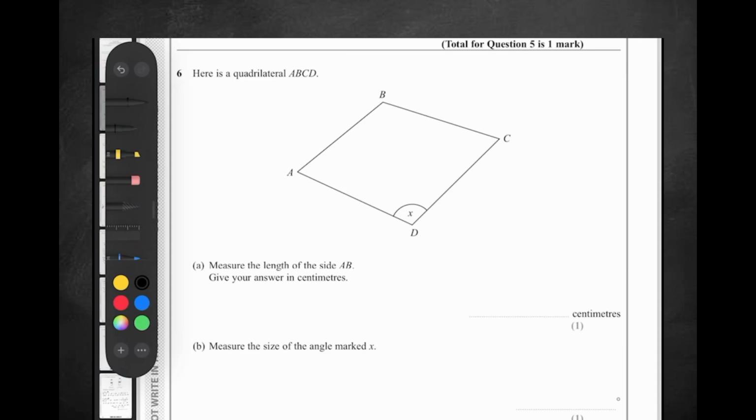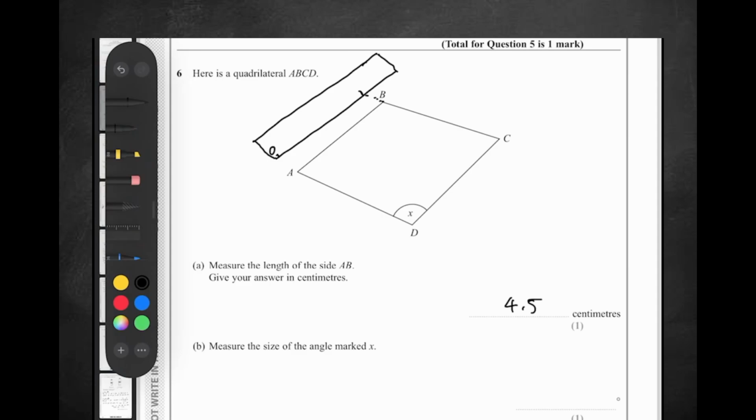So I'm doing this paper on an iPad, so my size of page is not going to be the same as the size of page you're going to get in the exam, but all you would need to do in the exam is get your ruler and line up your 0 a bit like this, so that it lines up with A, and whatever point B is going to be your answer, and making sure you keep it in centimeters. So the mark scheme gives you a little bit of leeway, but try and be as accurate as possible. So the answer to part A is 4.5 centimeters.